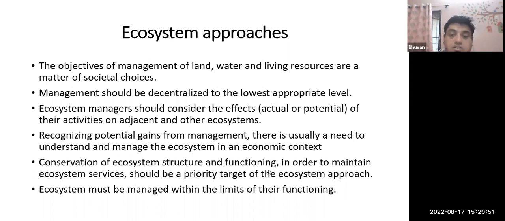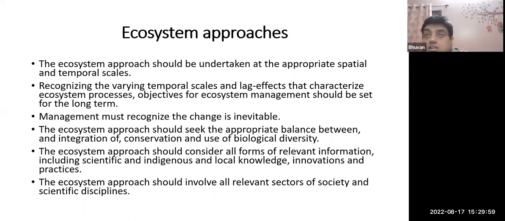And then we have the ecosystem approach should be undertaken at the appropriate spatial and temporal scale. This is also very, very important, that the spatial and temporal scale, the time, and also the space. If we talk about the ecosystem based approach, the relevant time must be there, and also we have to think in the short term scenario and also in the long term scenario.